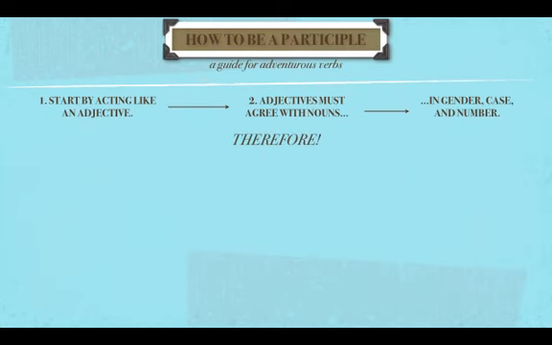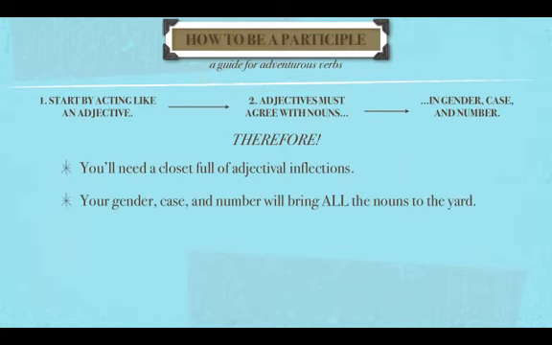Therefore, if you're going to be a verb and an adjective at the same time, you're going to need a full set of adjectival inflections. You actually won't need your full set of verb inflections.